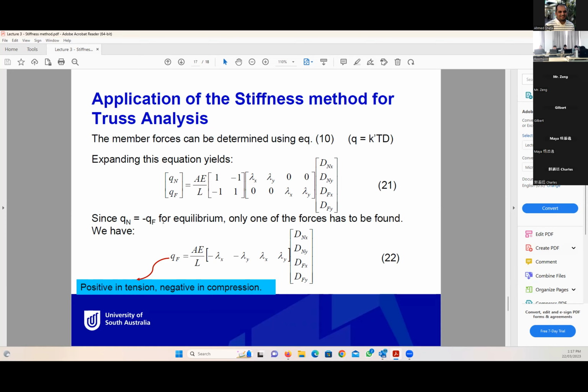Most of the time Dk, the known displacements, are 0, which makes it easier for us. How do we find Qk? It will be first row times first column, then second row times first column.